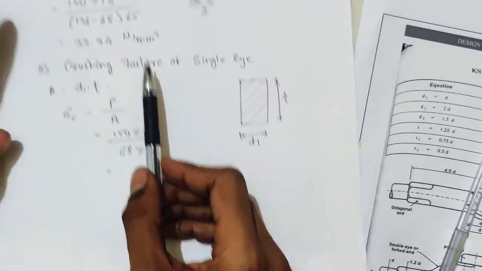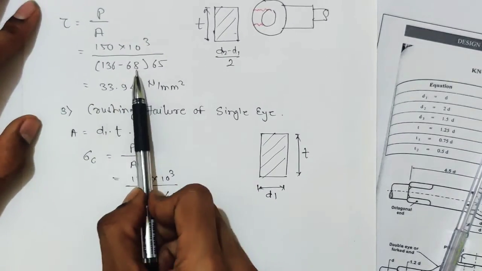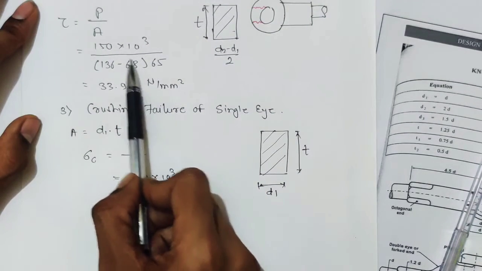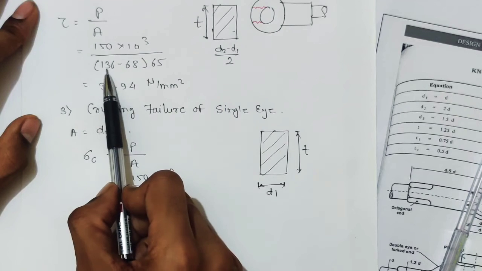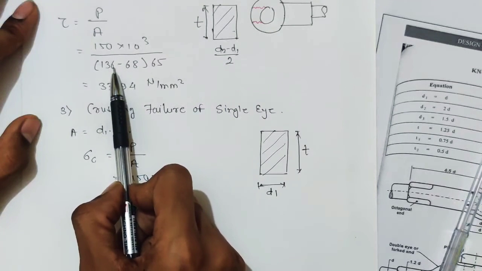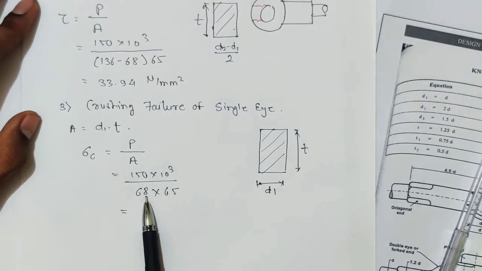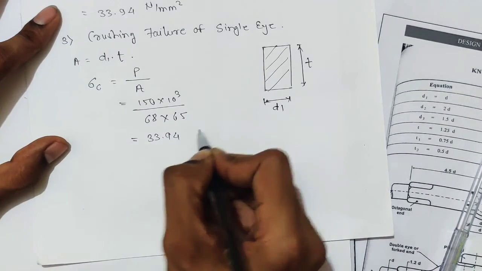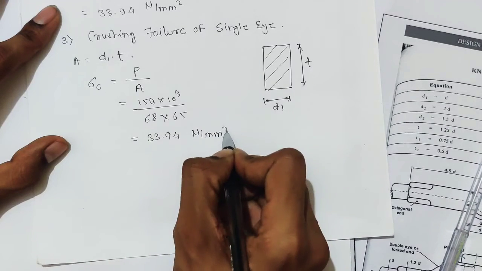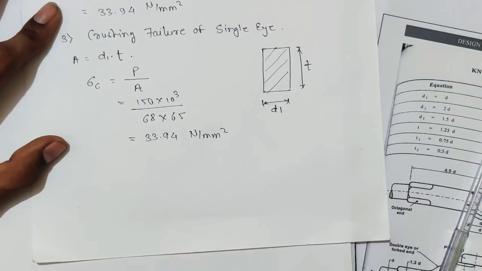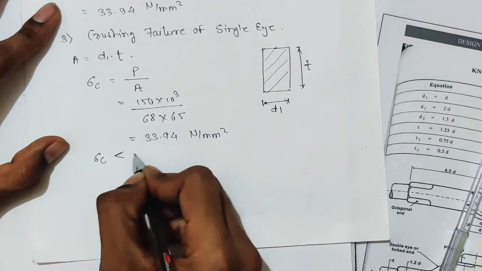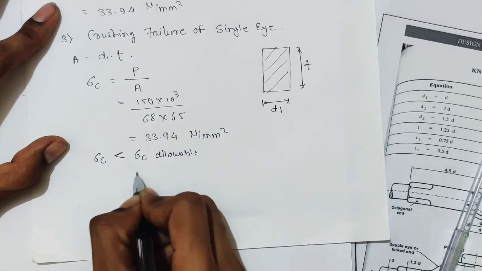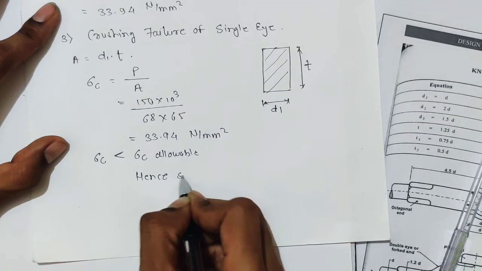If you see this equation, 136 minus 68, again it is 68 only because d2 is 2d and this is d. So again it is 68 into 65. You will get the same value of 34.94 Newton per mm square. So sigma c is less than sigma c allowable, hence safe.